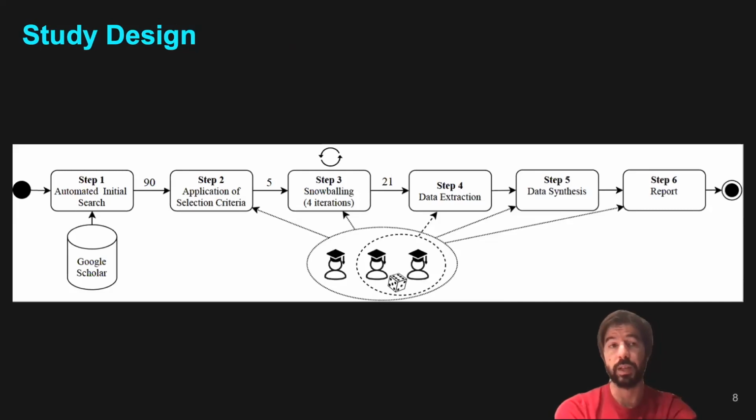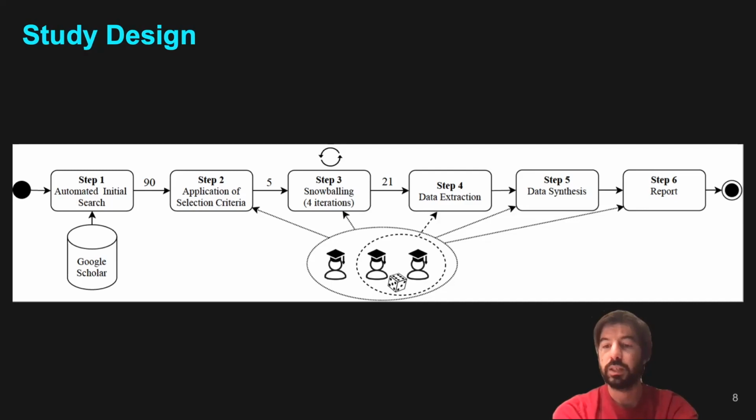The design of our study is a very standard one. We started by performing an automated search on Google Scholar, looking for papers with titles that contained the words technical debt and antipatterns, and also machine learning and artificial intelligence and related synonyms. We found 90 papers. We applied our inclusion and exclusion criteria, out of which we selected 5 papers.